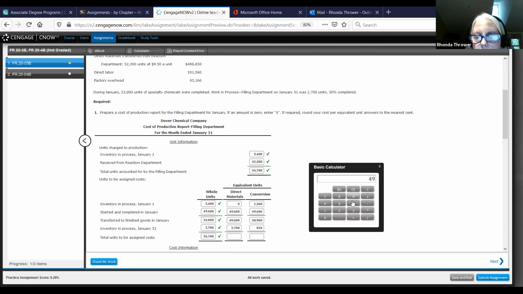So 49,600. This right here is going to be added to 2,700 units. And my total direct materials equivalent units is 52,300.